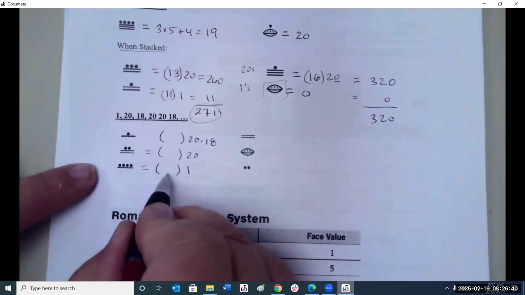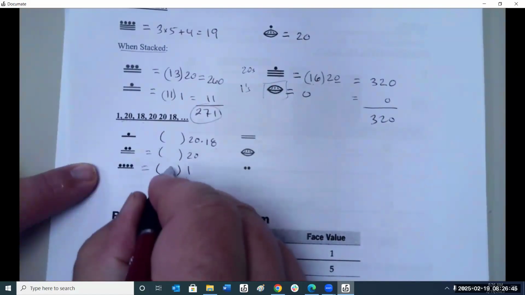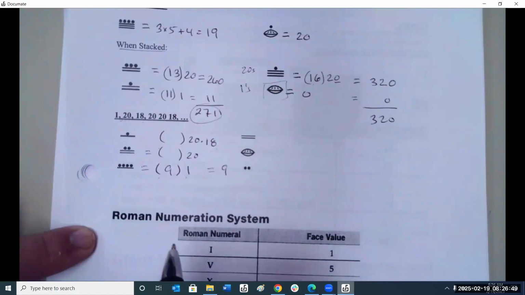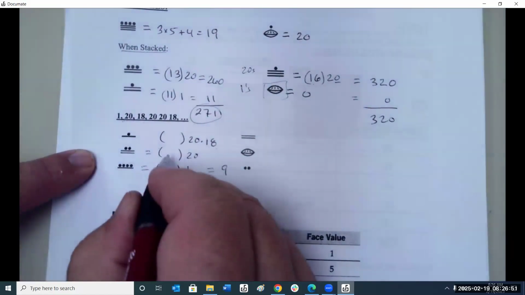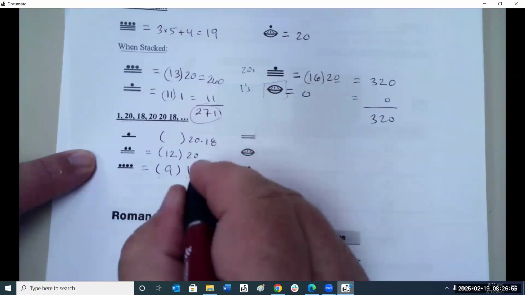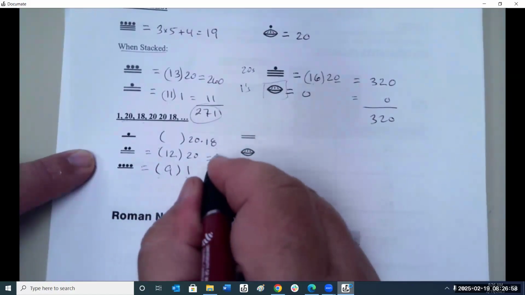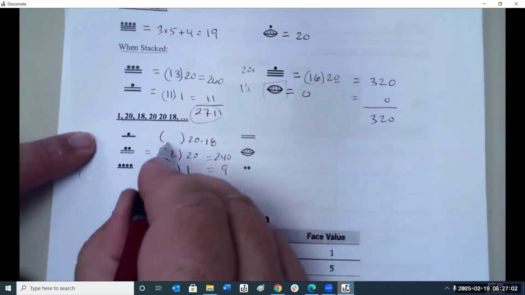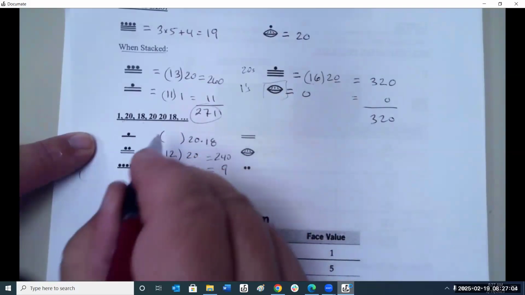So what's this number going to represent? So that equals 9. This one is 12. 12 times 20 is 240. And this next one, 6.